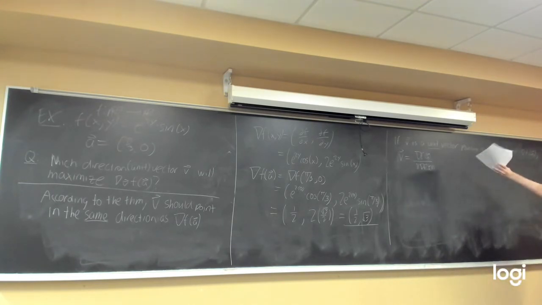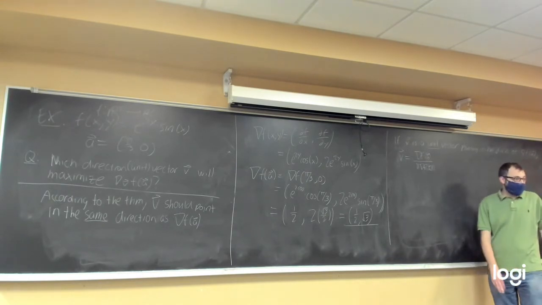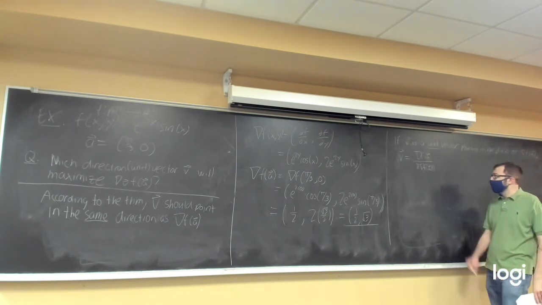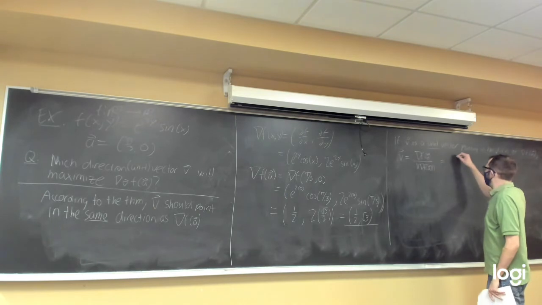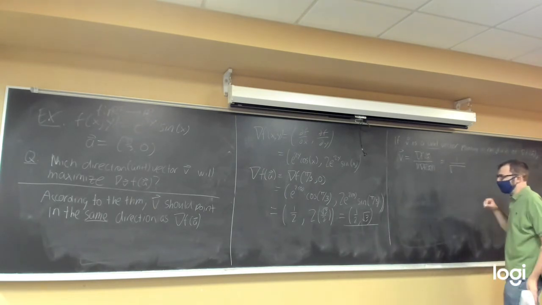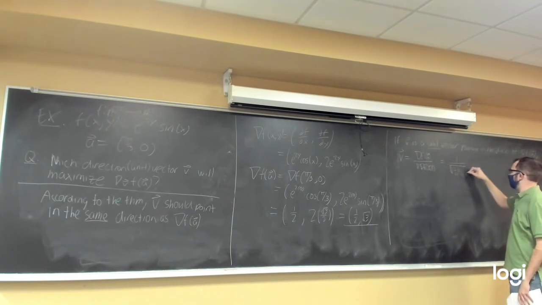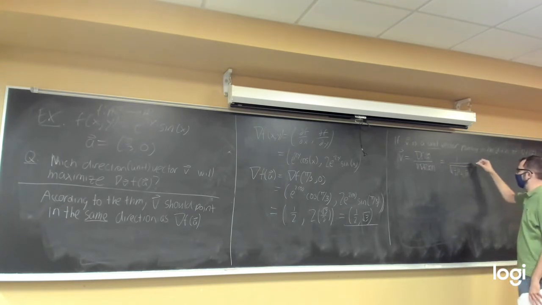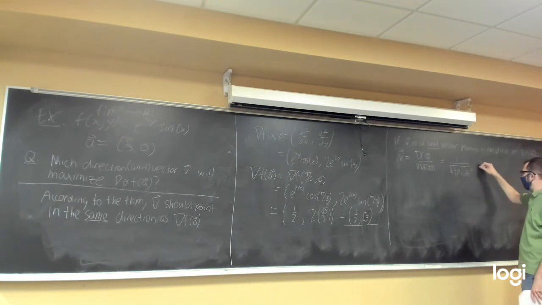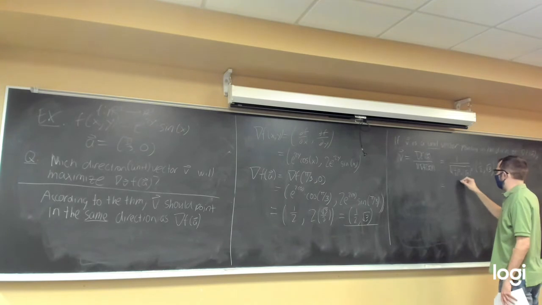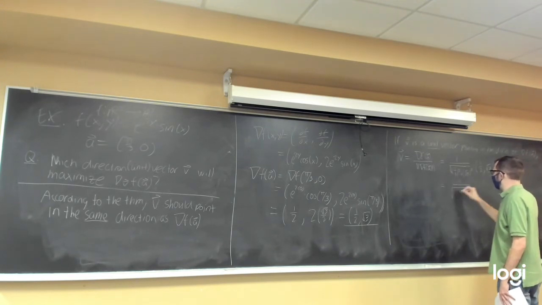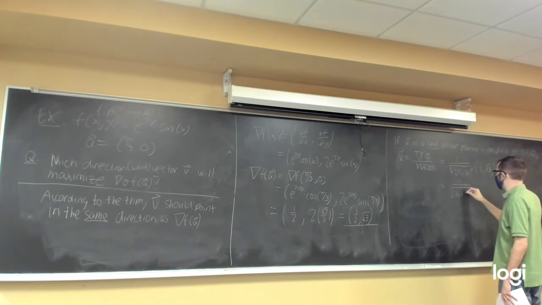So this is going to be what our direction vector is. Just take the gradient vector and make it into a unit vector by dividing by its magnitude. So that's going to be 1 over square root of the sum of the components squared. So 1/2 squared plus square root of 3 squared, times the vector 1/2 square root of 3, which will give us 1 over square root of a 4th plus 3.